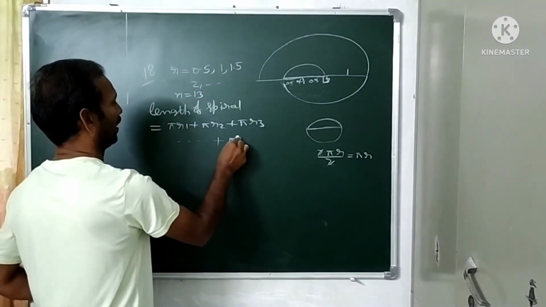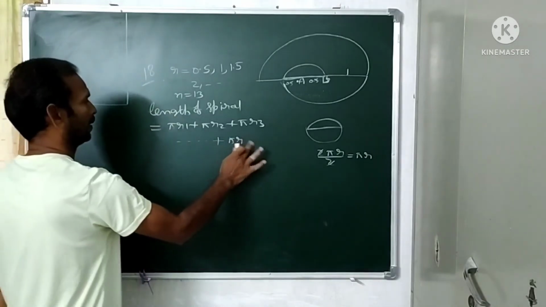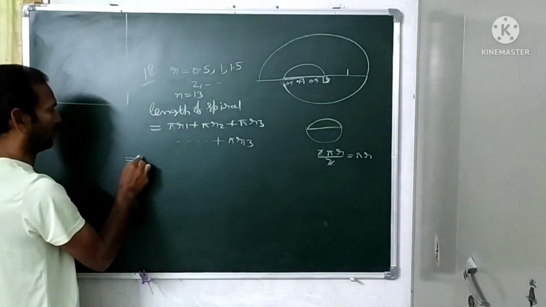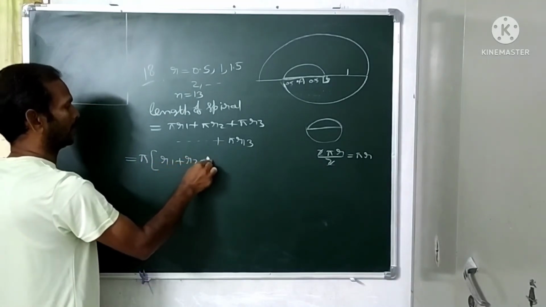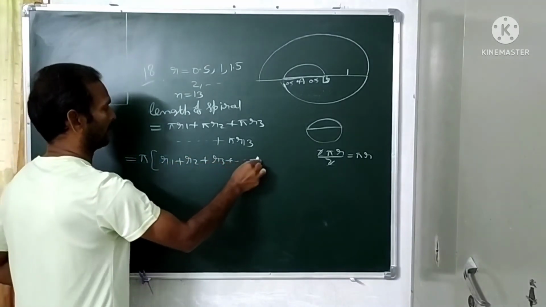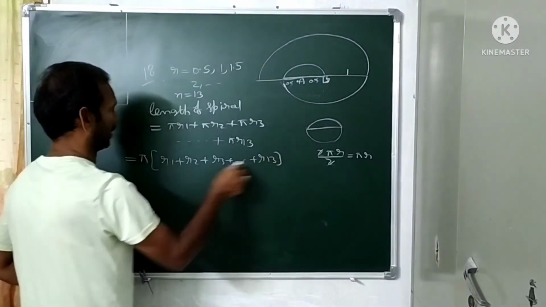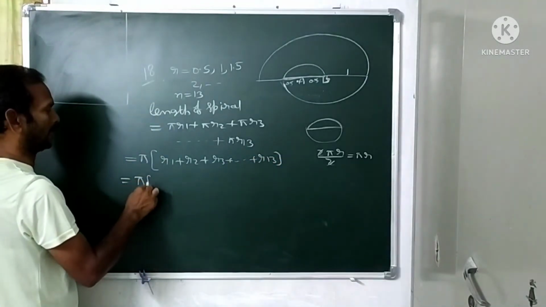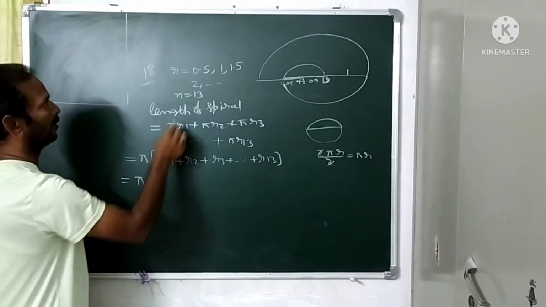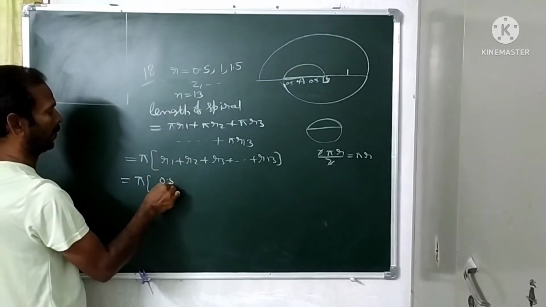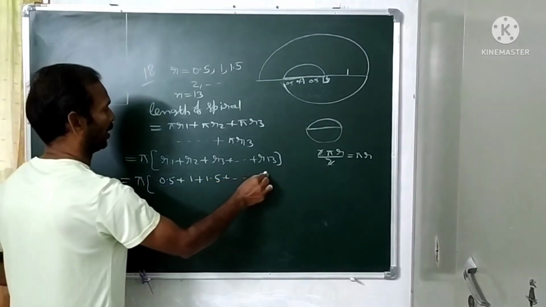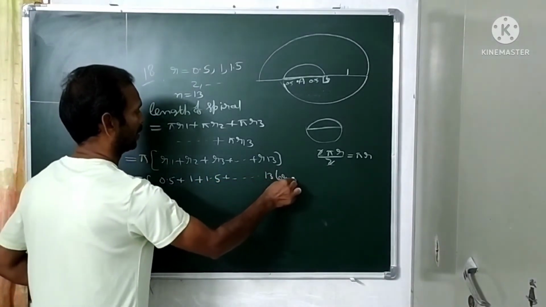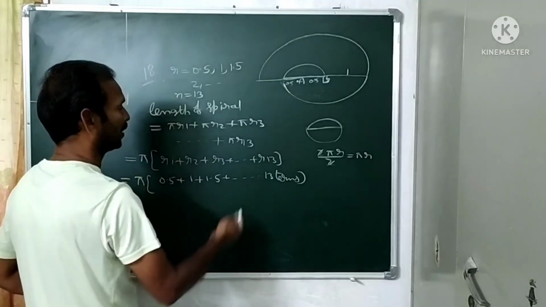So up to pi r13. Taking pi common: r1 plus r2 plus r3 plus so on plus r13. So pi into r1, which is 0.5, 1, 1.5, so on, 13 terms. So this is nothing but the sum of 13 terms.